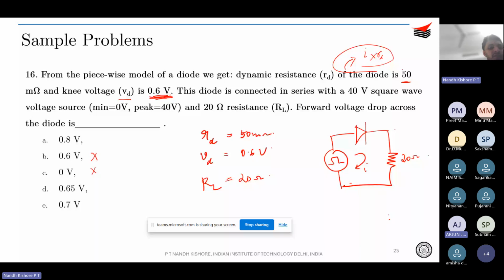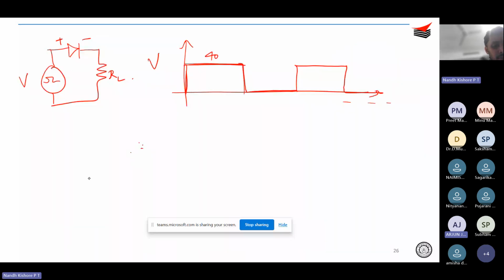Let's calculate. So the voltage drop, or VF as I call it, is going to be VD plus ID RD. So VD is 0.6 volt plus what is RD? RD is 20 milliohms into what is ID?